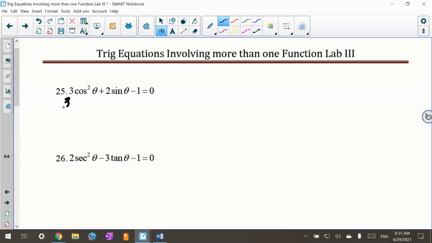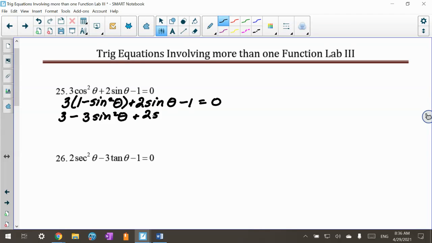So I have 3 times 1 minus sine squared theta plus 2 sine theta minus 1 equals 0. So I have 3 minus 3 sine squared theta plus 2 sine theta minus 1 equals 0. Now I'm going to combine everything, and I also recognize that it's a quadratic, so I'm going to put it in order as well.